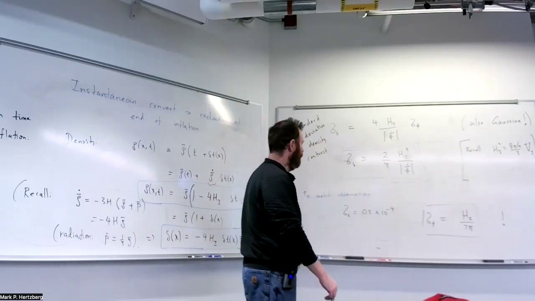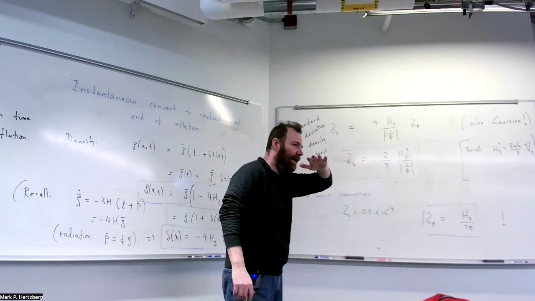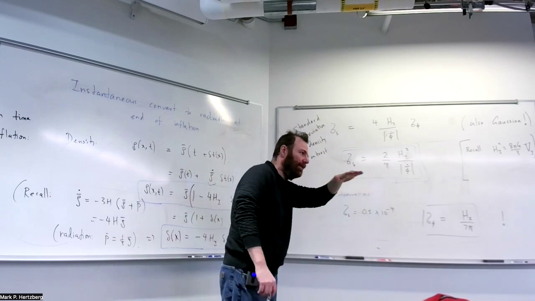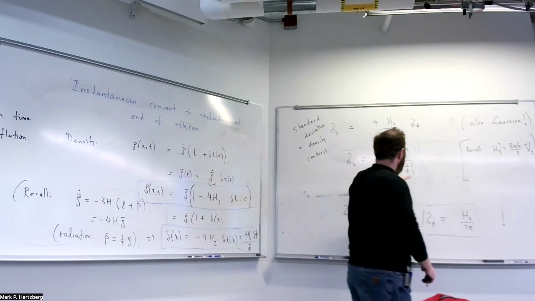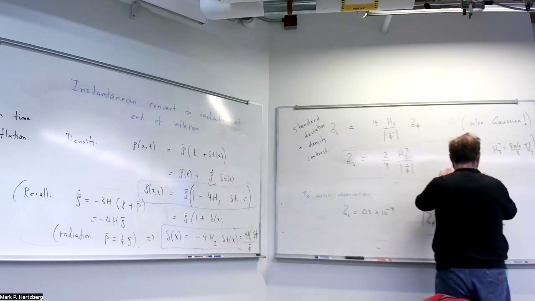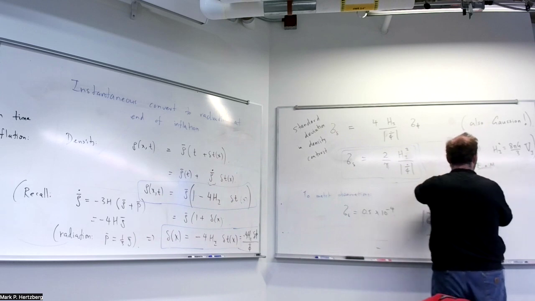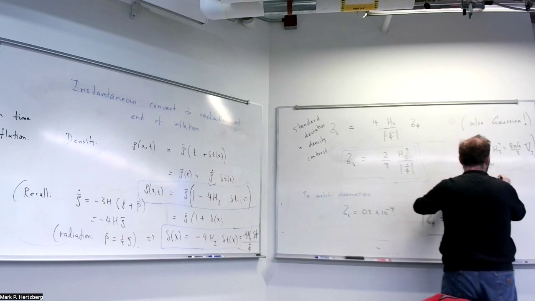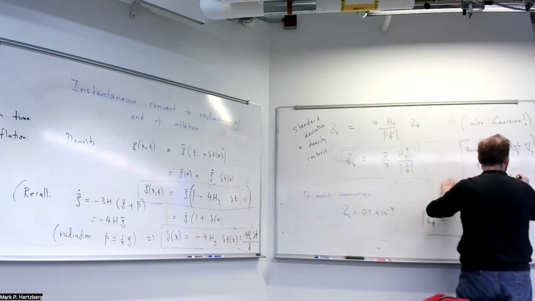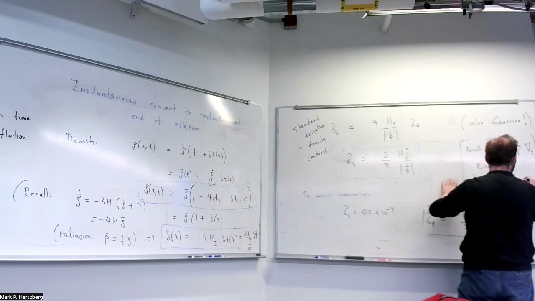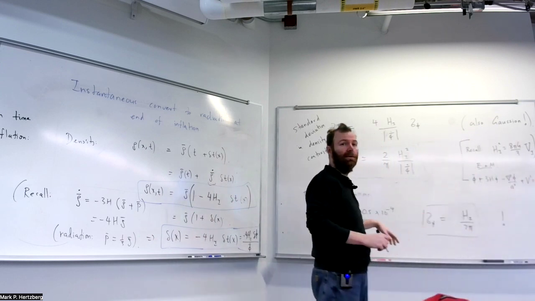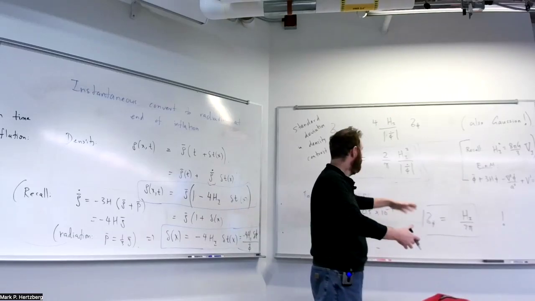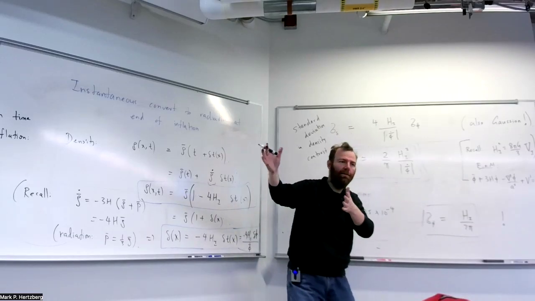The denominator is controlled by the time derivative of how quickly or slowly this field rolls down the potential. And for the denominator, we take the equation of motion, phi double dot plus 3H phi dot. Let me just write down the full equation of motion that we wrote down last time. But this is the background. This is a statement about how the background rolls, the mean value.